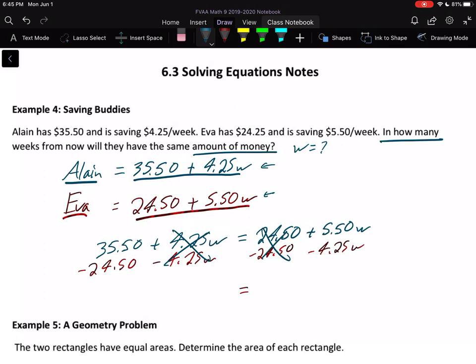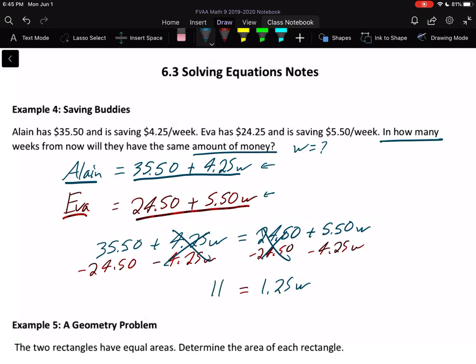That cancels that out. So what am I left with? 5.5 minus 4.25 is 1.25W. And the left side is $11.